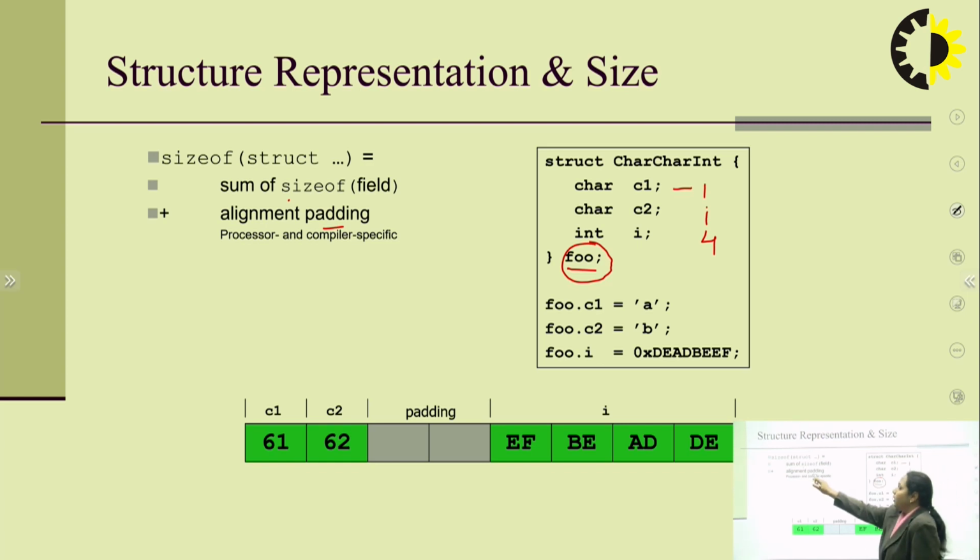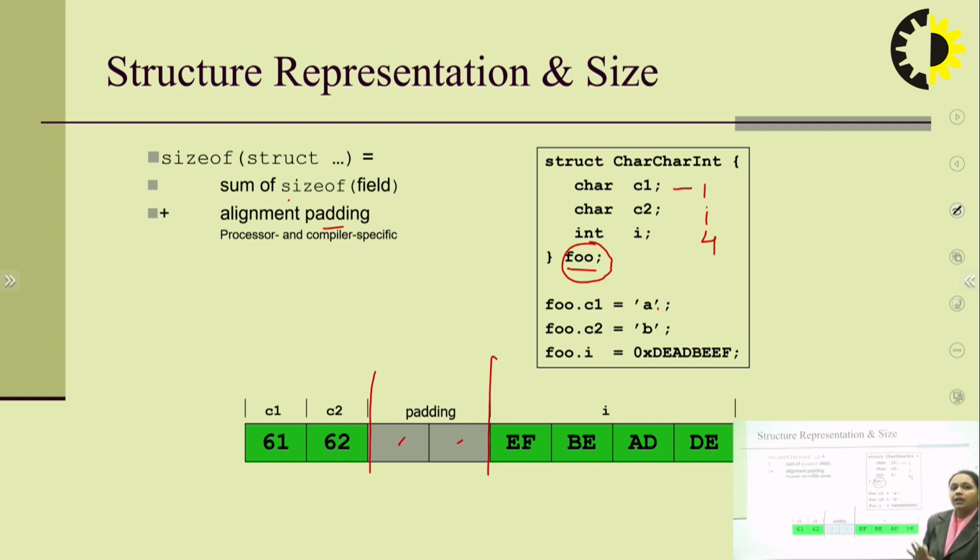Alignment padding is done between the various data types. As we can see, we have two fields of character type and one field of type integer, so padding is done between the character type and integer type data. In this example, we have considered 2 bytes of padding, so the total size of the structure is now 8 bytes.